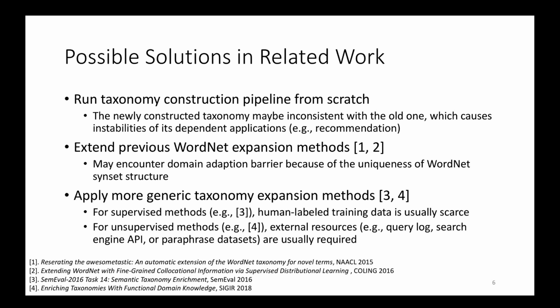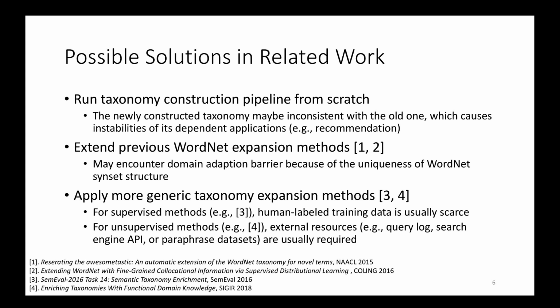However, this approach cannot guarantee the newly constructed taxonomy will be exactly the same as the old one, and those existing relations might be changed, which can cause instability of its dependent applications. For example, if a recommender system uses some feature developed based on the taxonomy, and you just change the taxonomy structure entirely, those features may no longer exist, and your trained recommender system may be broken.